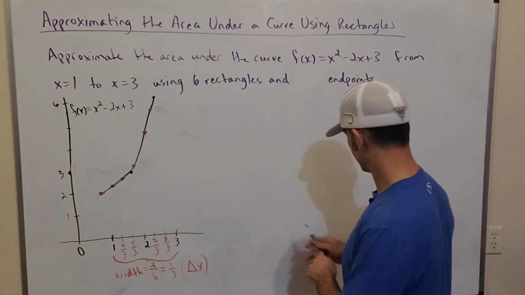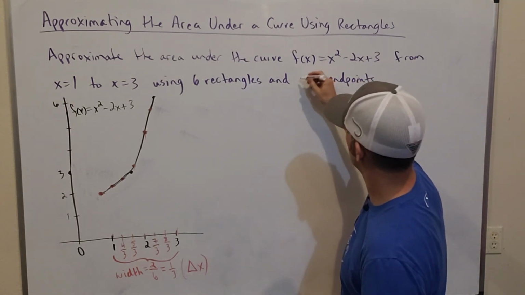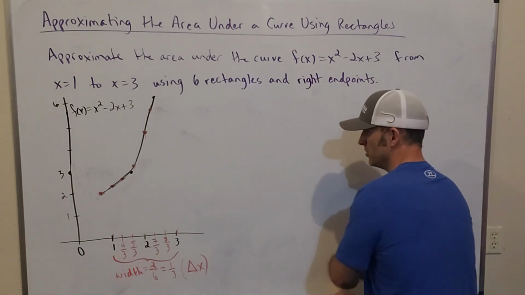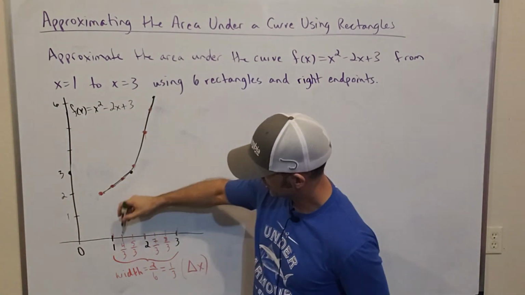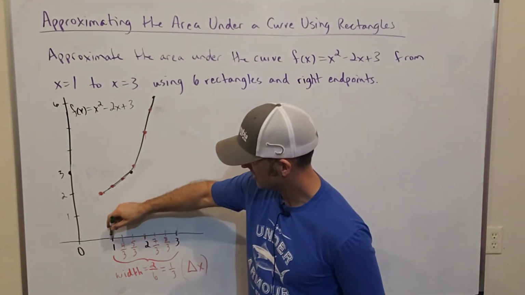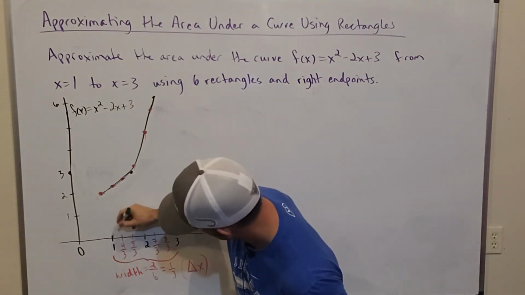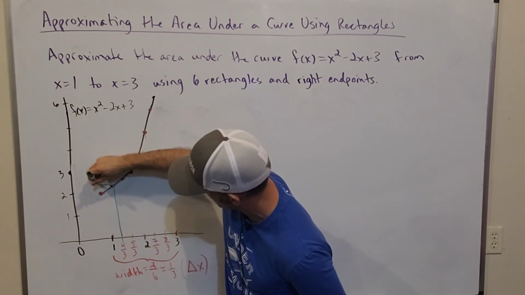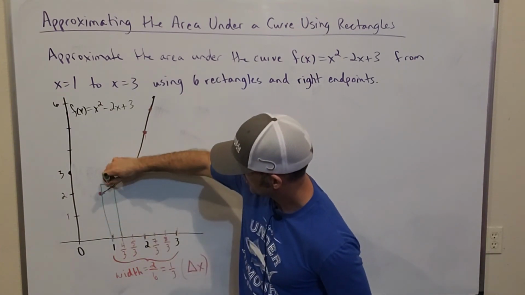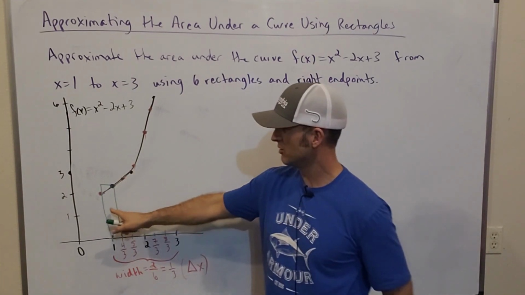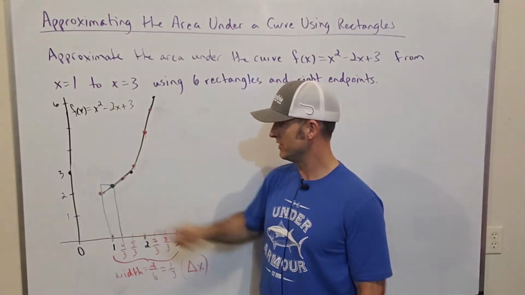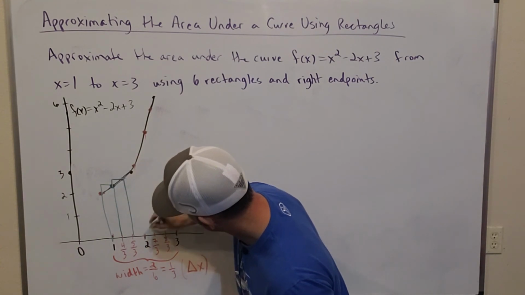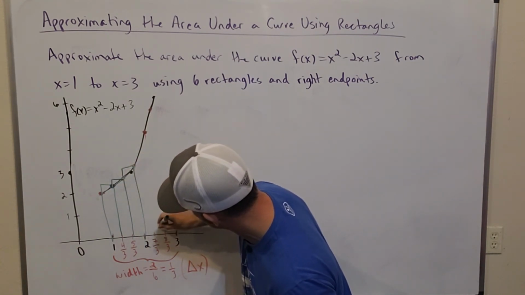But now, if we're using right endpoints, I already alluded to it, then for your first rectangle, you're going to measure the height at not 1, but at 4/3 now. So you're going to come up here like this, and now when you draw your horizontal line, it's going to go over the top of the curve, right? So you can see now that this rectangle is going to be an overestimate of the area under the curve. And if you continue that process, you get the same thing all the way across.